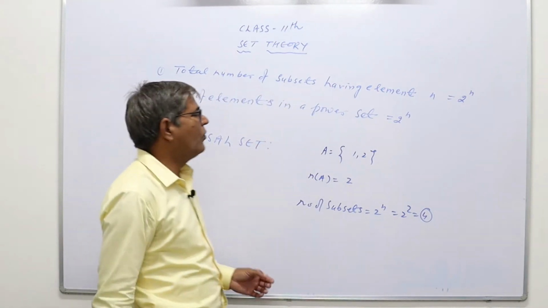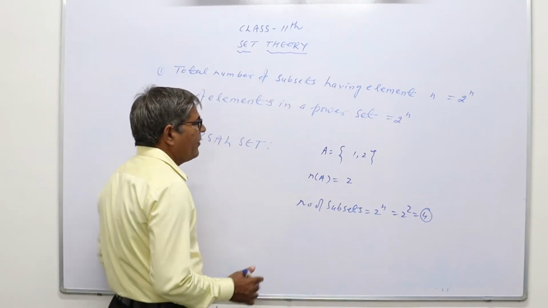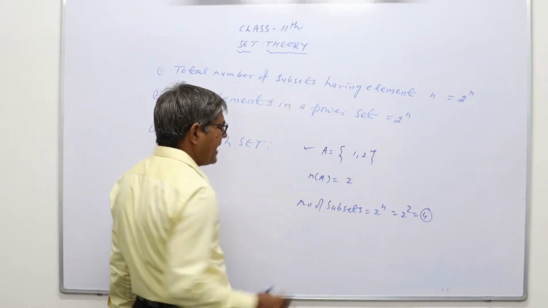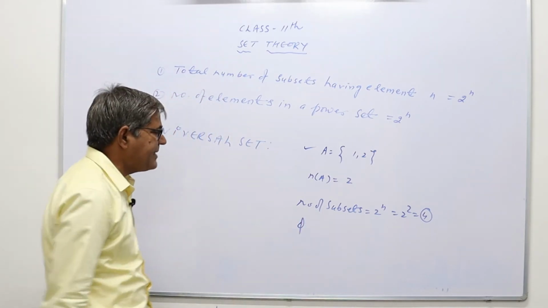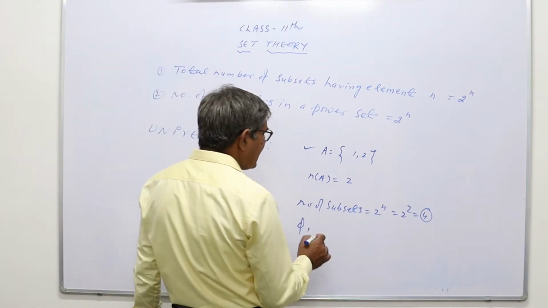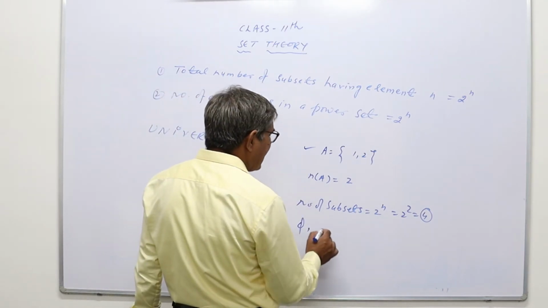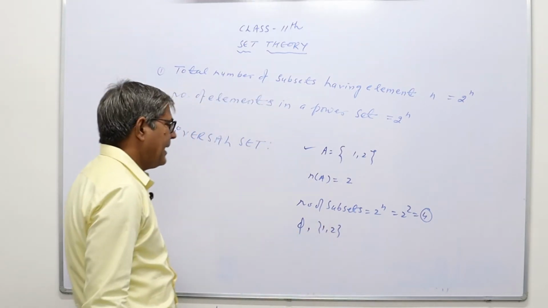Now how will we write these total 4 subsets? We learned that for a given set, the empty set is always a subset of the given set. Second, the given set is a subset of itself. So {1, 2} is one subset.